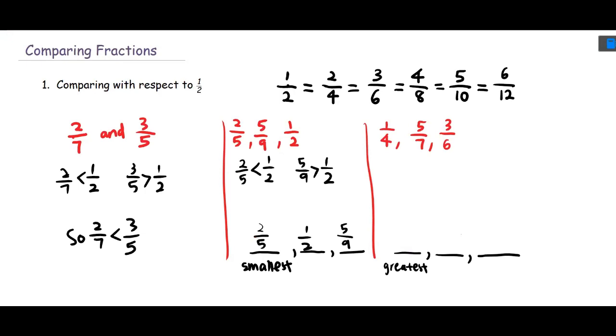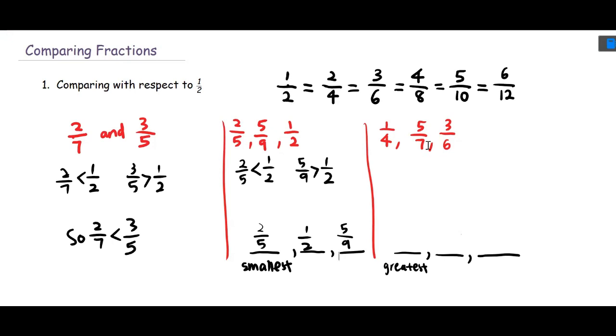Okay, what about if we have 1/4, 5/7 and 3/6? This is where writing out the equivalent fractions gets helpful, especially when we are in a test or an exam and we don't have the number lines to help us. As we can tell, 3/6 is actually an equivalent fraction of half.